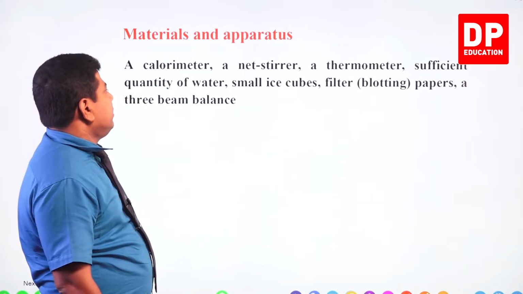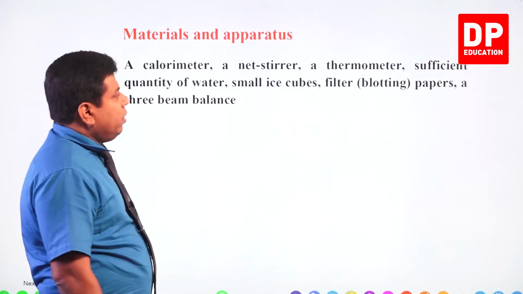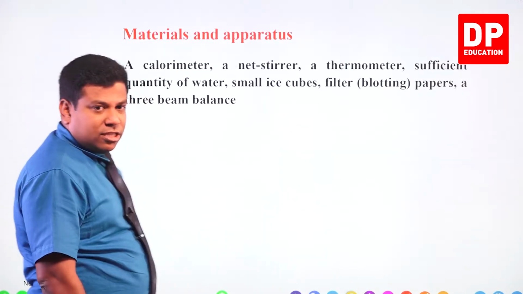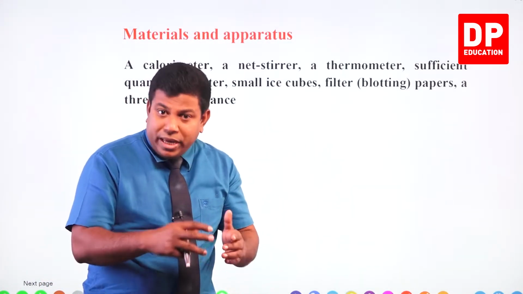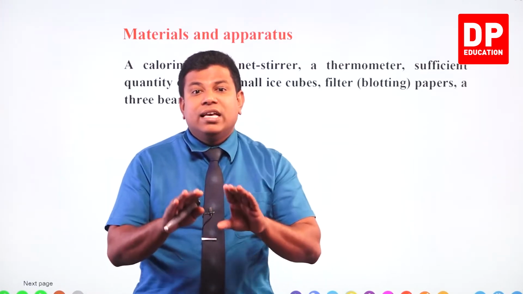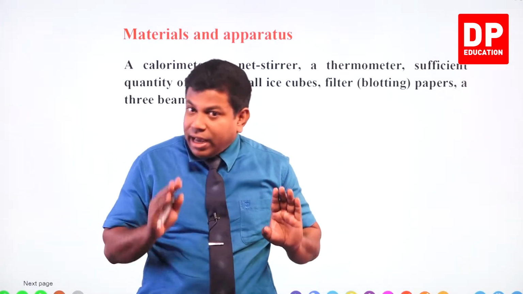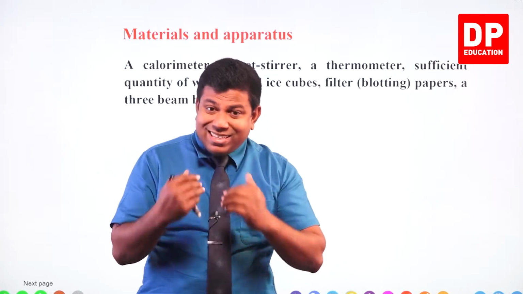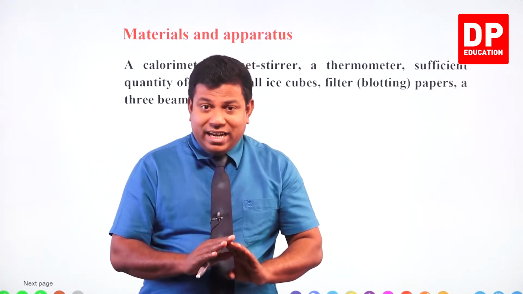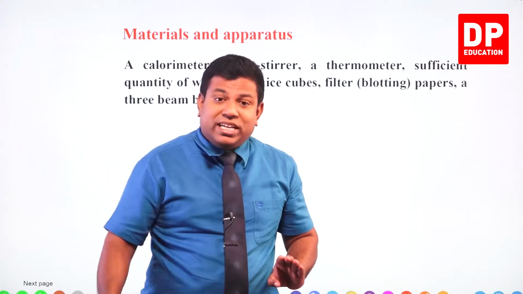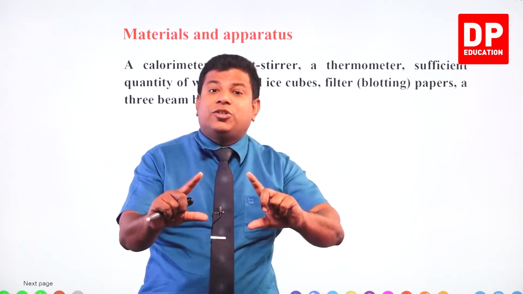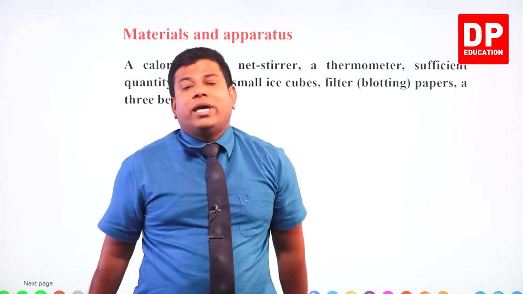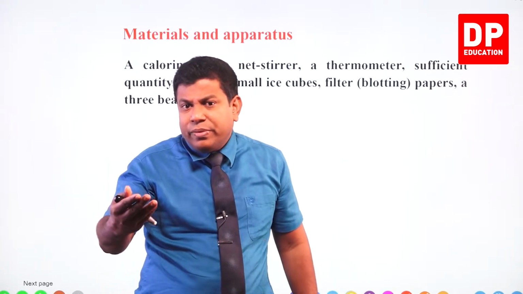Materials and apparatus: a calorimeter, a net stirrer. Net stirrer means, see, when you drop these ice cubes, you have to make sure they are fully submerged in the water. Why? If you just let the ice cubes be there, they will be floating. Floating means part of the ice cube is going to be exposed to the environment. So what?